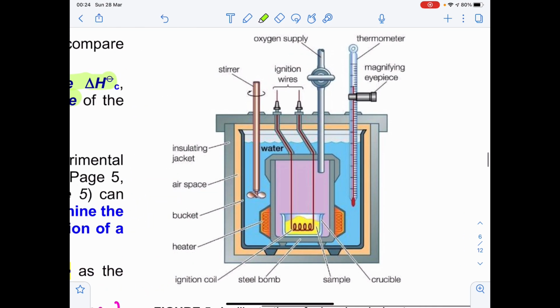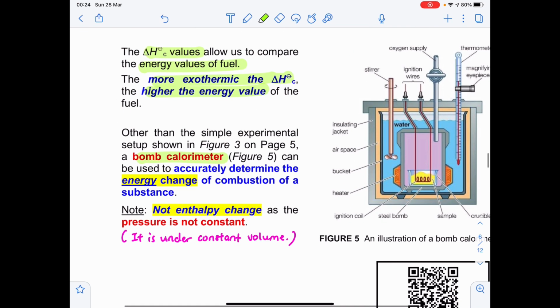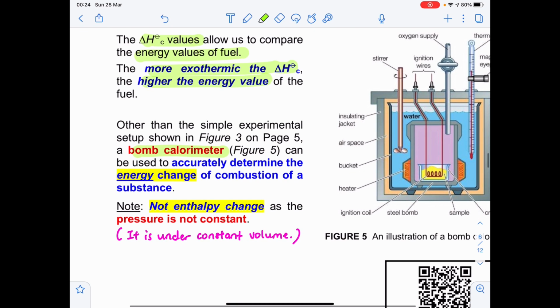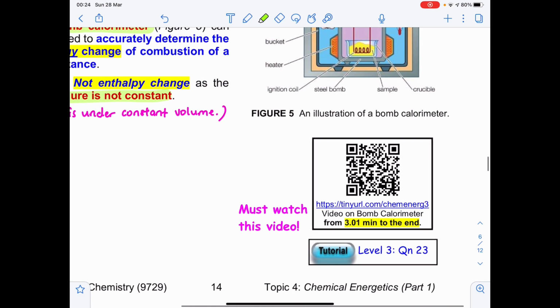This is a bomb calorimeter. Note that it doesn't measure enthalpy change, it measures energy change, because in a bomb calorimeter, the pressure is not constant. It is the volume that is kept constant. So please watch this video from 3.01 minutes to the end to understand how a bomb calorimeter works.